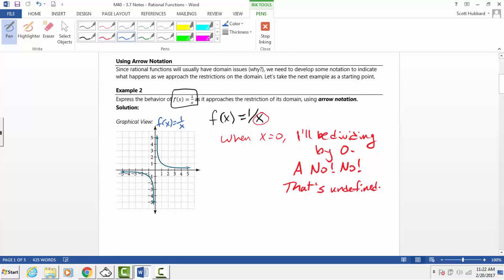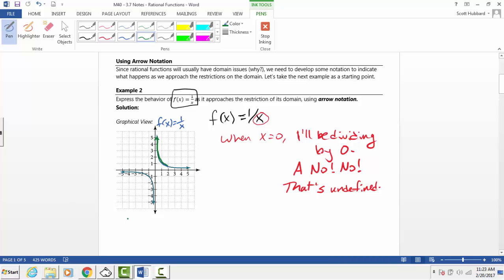And you can see what happens. As I get closer and closer, let's say from the right side, let me do a different color here, the graph actually shoots up. It shoots up to positive infinity. Now, why does it do that?